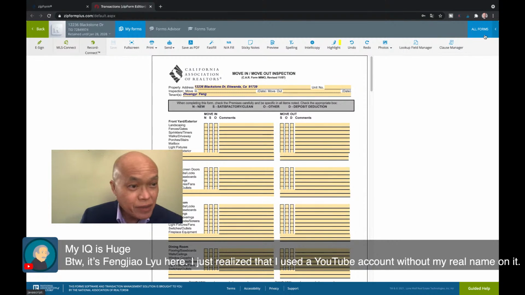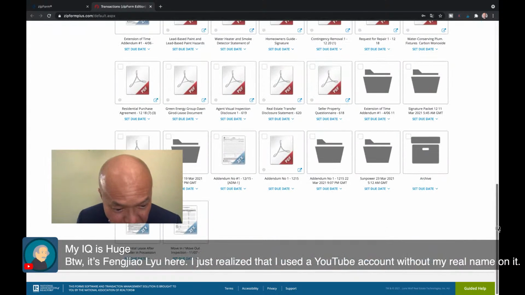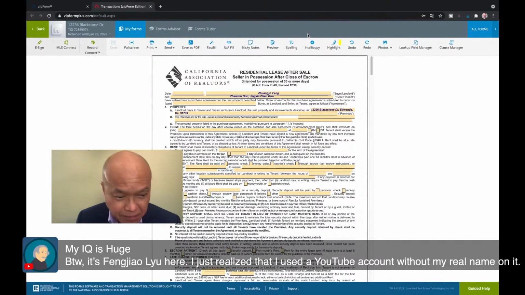Okay, now let's go ahead and finish up the residential lease after sale form that I did not finish. So let's go ahead and go to the next one. Residential sales, lease after sale. All right, this is the form.